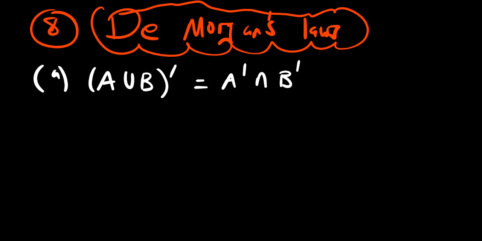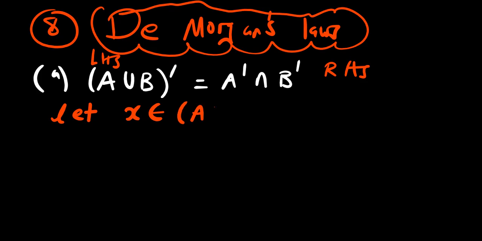Let me use the same letters. Let X be a member of the left hand side, to give us the right hand side. So let's say X is a member of the first set, which is A union B complement. Let me manipulate this.